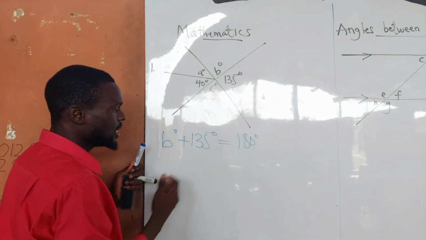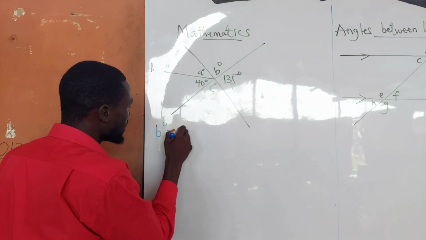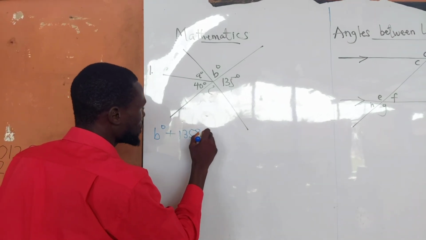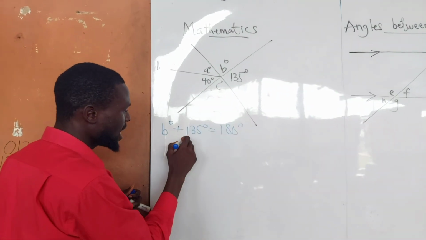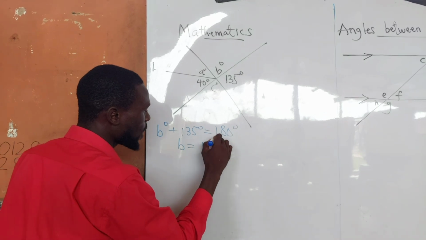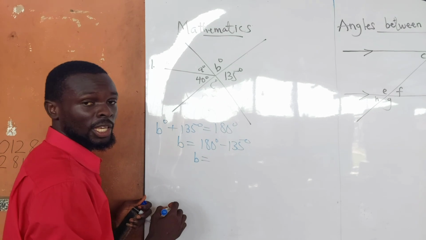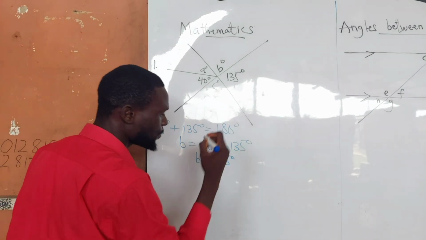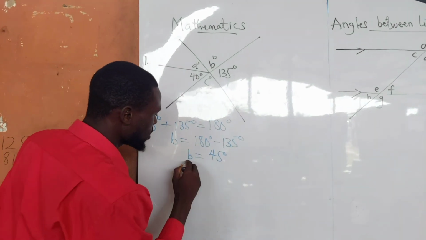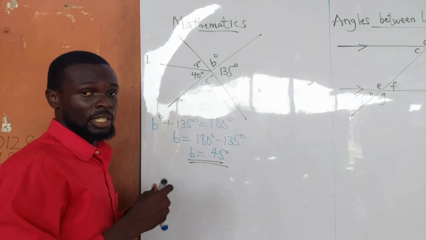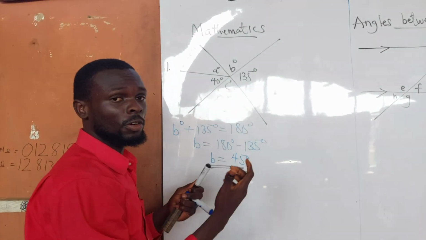Then we solve for B. Solving for B gives us B is equal to 180 degrees minus 135. Then we have B to be equal to what? 45 degrees. So B, that is here, is equal to 45 degrees. So using the angles on a straight line, we have been able to solve for B.